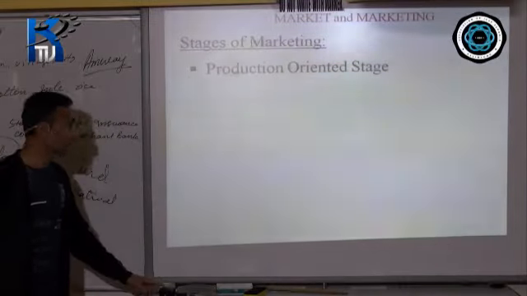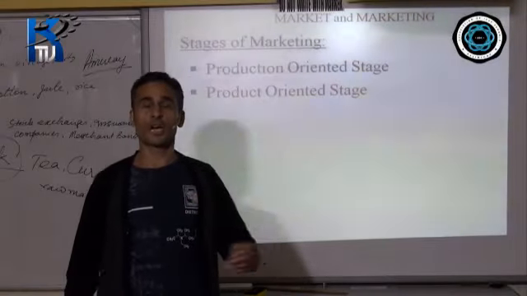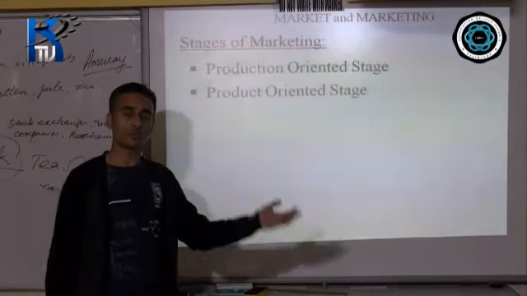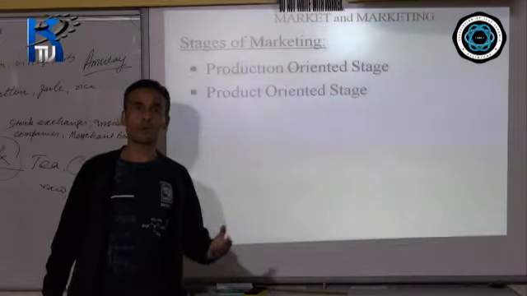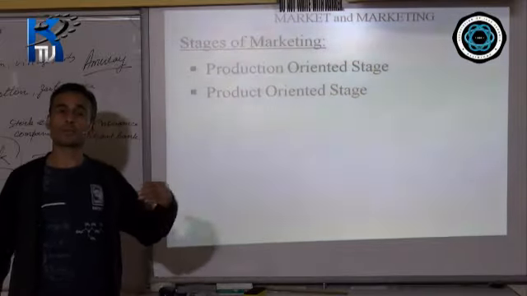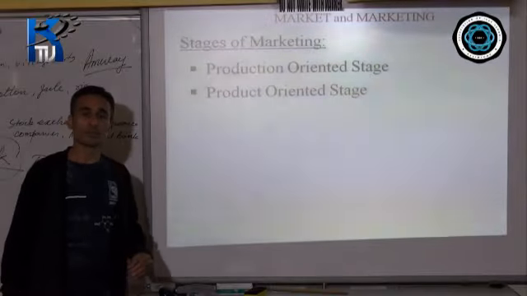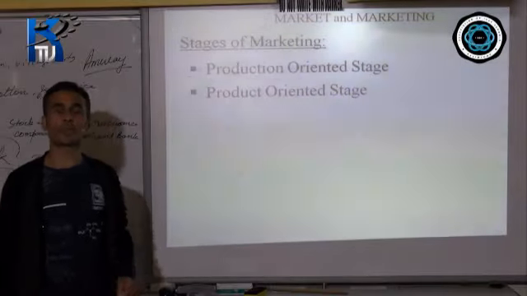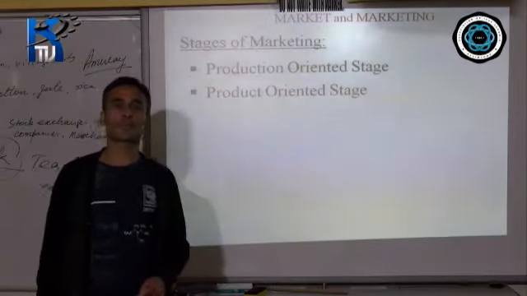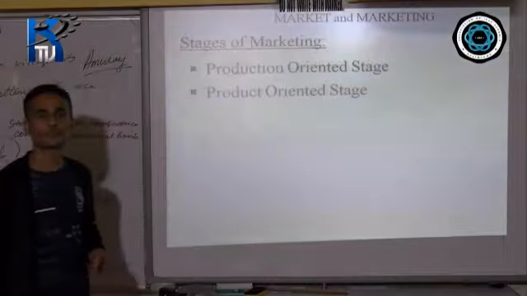The buyers were showing resistance to the product. They were not buying whatever products were being brought into the market. They were checking the quality of the product, and they were buying only those products which were of superior quality.